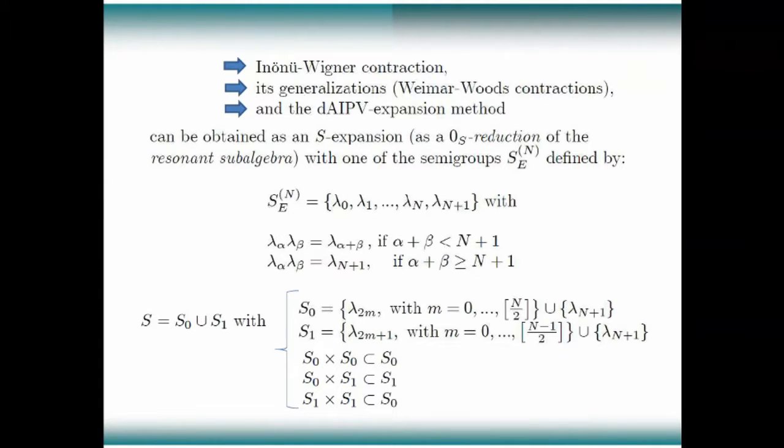Defined like a semigroup with n plus 1 elements, identity element and a zero element, with composition law alpha and beta giving alpha plus beta, where alpha and beta are less than n plus 1, and otherwise the last element.